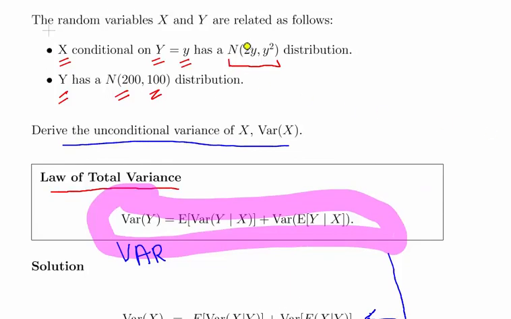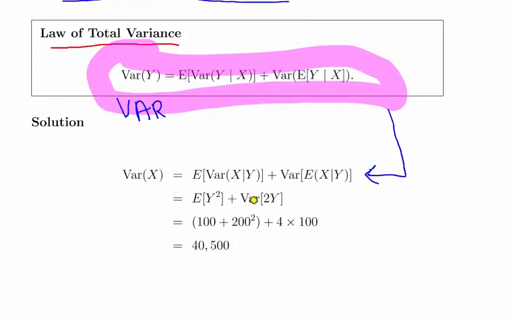Now the variance of the expected value of X conditional on Y: the expected value is 2Y. So straightforward enough, it's the expected value of Y squared plus the variance of 2Y. That's how we get here. I'm going to break it up into two parts.